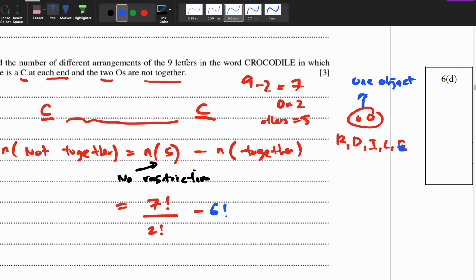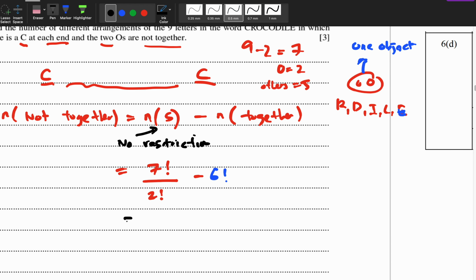So what you need to do is just press the calculator: 7 factorial divided by 2 factorial, minus 6 factorial. From the calculator, this will give you 1500. So this is the answer for part B.